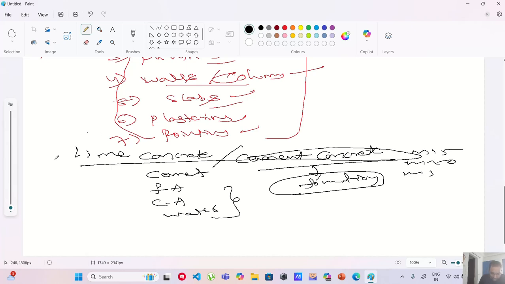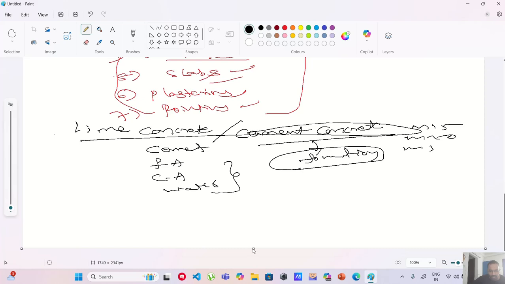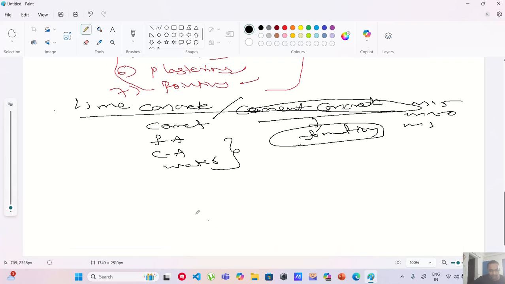So in the starting, after the definition of analysis of rate, I explained about the requirements. What are the requirements? This is the work. What is the work? Cement concrete in foundation is the work. That is the work point. And the second parameter, what is the second one? Quantities of material.